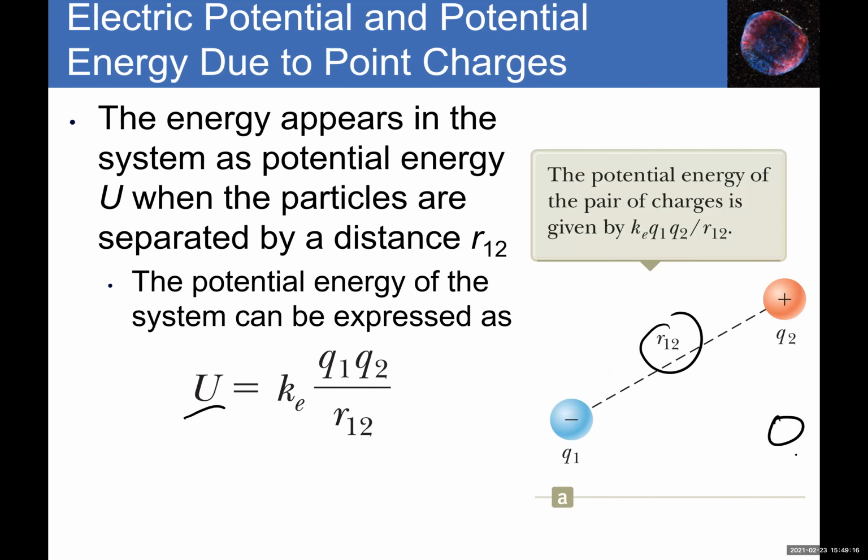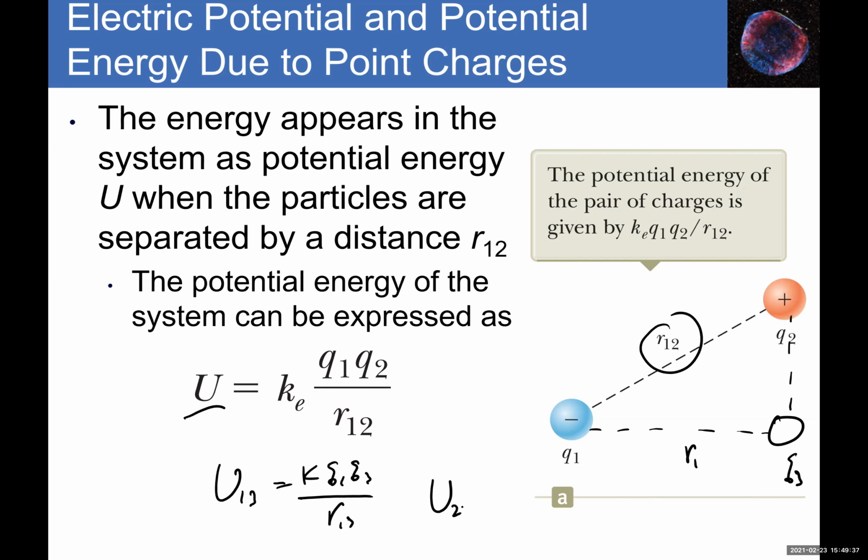What happens if you bring another one? Well, we talked about that, right? If this is Q3, then this becomes R13. So then you have another one, U13, which becomes kQ1Q3 over R13. And then you also have Q3 interacting with Q2.